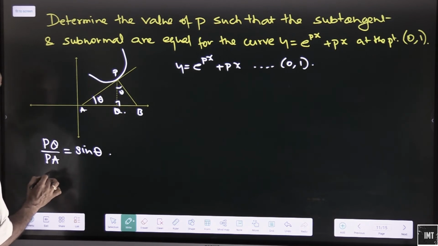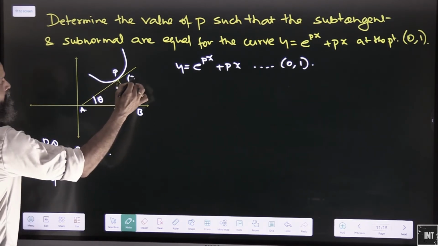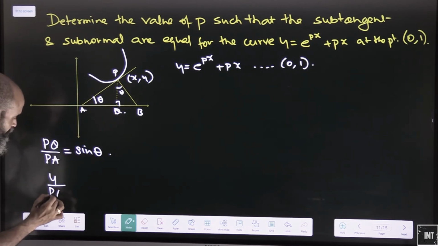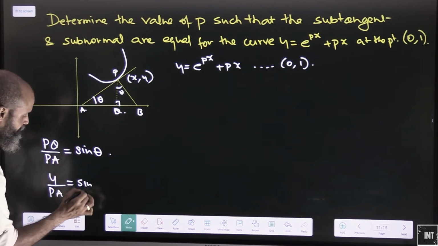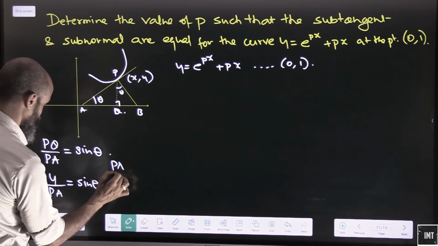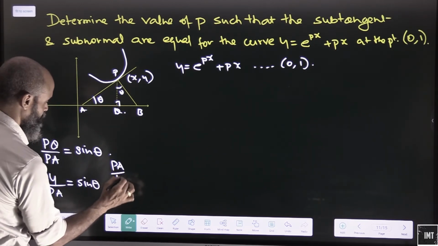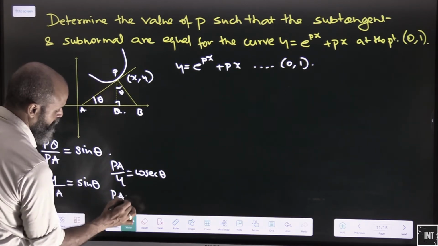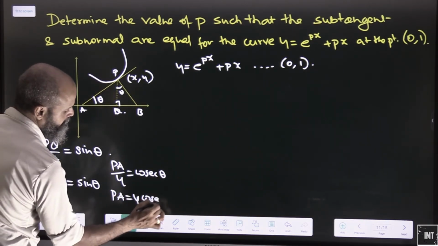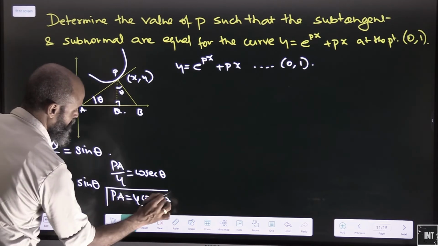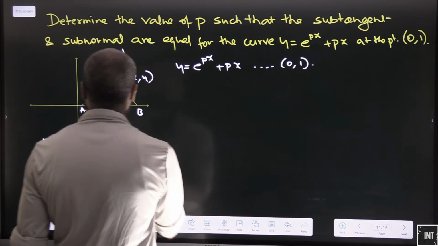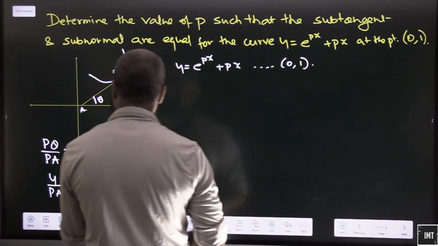PQ is y. Let's say this is x and y. So y upon PA is equal to sine theta. Again PA by y is equal to cosec theta. So PA will be equal to y cosec theta.